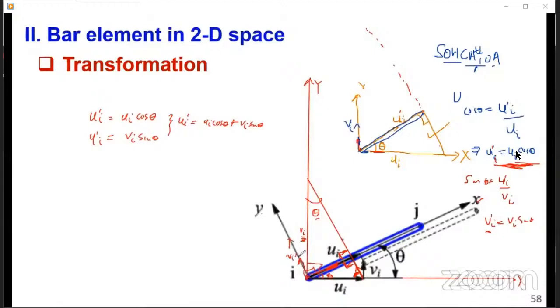Remember, within the linear range, we said that our element will only be deformed axially, that is, stretch or compression. At the element scale, the VI prime is just not active. I mean, our truss member is not stretching in that direction. But of course, for the structure, the truss, the deformation of the node can be vertical and horizontal.